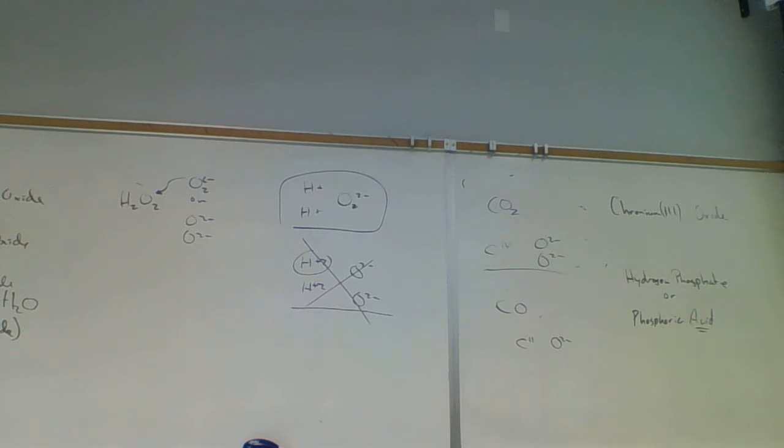Or carbon can gain 4. If it gains 4, it gains 1, 2, 3, 4, it ends up with 10 electrons like neon. And so this is the pattern. Now tell me, is it easier or harder to burn nitrogen compared to carbon?